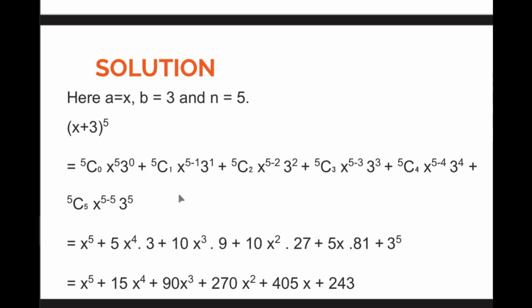So your coefficients, 5 choose 0. If I could put in a line there, another line right here. Let's put it right in. 5 choose 0 was 1. Let's put in these coefficients, and then x to the 5th, and then 3 to the 0 power.